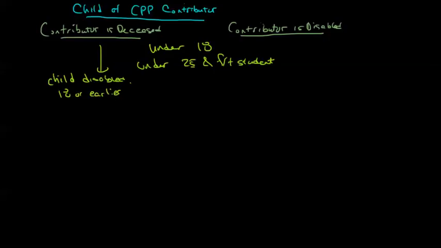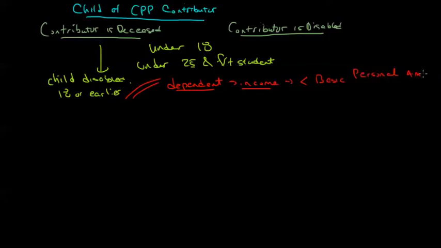In all cases, whichever of these three circumstances we're looking at, the child must be dependent. And the test for dependent is not what you might expect. It's an income test. So we're looking at the child's income, and this income has to be less than the basic personal amount, about $11,000, or if disabled, then less than the basic personal amount plus the disability tax credit amount, which comes to about $18,000.